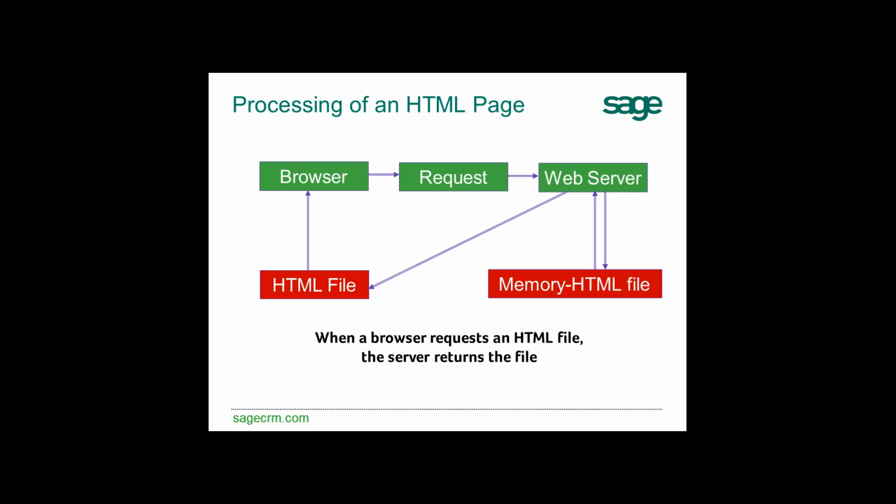Because at the moment, what we've got within our HTML file is that our browser makes a request to the web server, which loads the HTML file which is sent to the browser, but at the same time then caches that HTML file. So subsequent fetches of the HTML file won't need to reload it. It's just a way that the web server will keep that served up until the session drops out of memory.